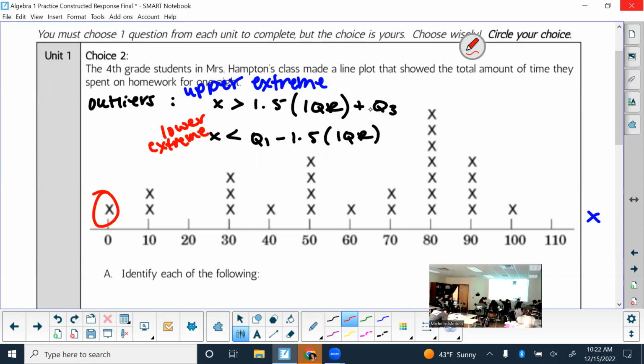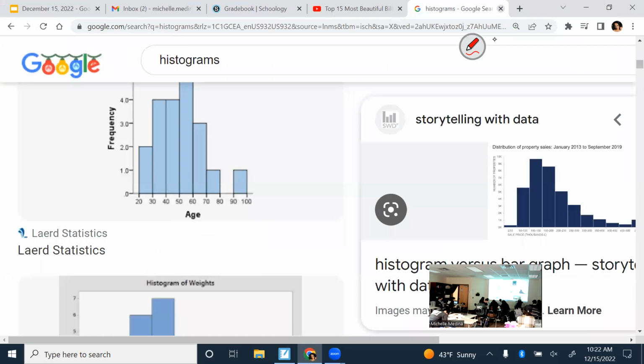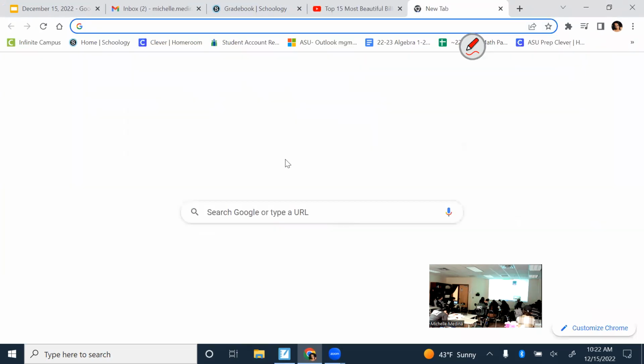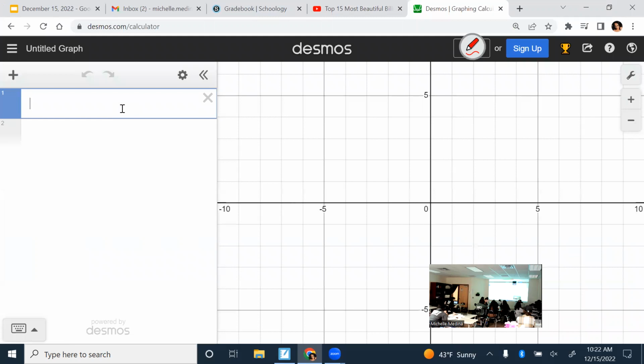So there is a way to do it by hand, but that takes at least 10 minutes and we didn't teach it to you. So you'll learn it in Algebra 3-4. So in Desmos, you would take down a list of your data just like that.